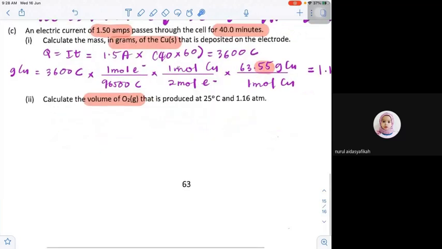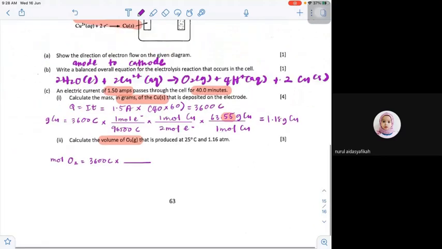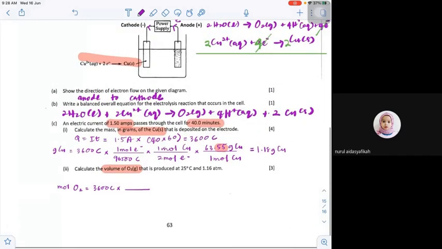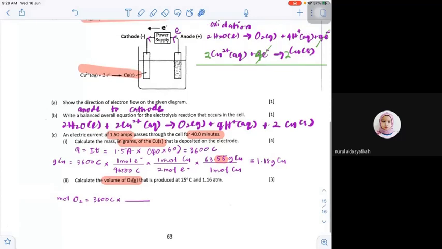So by applying this charge, now we want to know the moles of oxygen gas produced. Start with the charge, which is 3,600 coulombs. Now we want to see the number of moles of electrons. For every 1 mole of oxygen produced, 4 moles of electrons are transferred. 1 mole of oxygen, 4 moles of electrons.